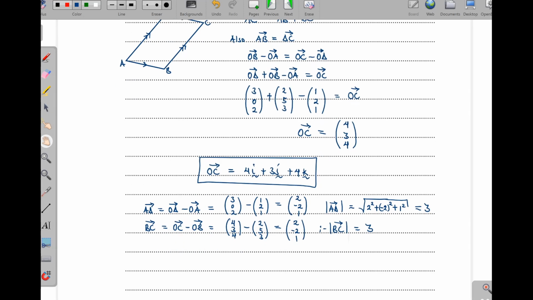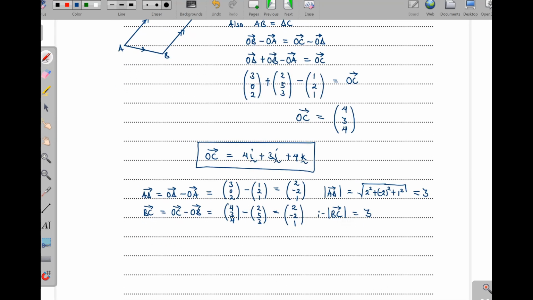Okay, now let's go to the other pair, that is AB. So which is OB minus OA. Now OB is 2, 5, 3, and then OA is 1, 2, 1. When we subtract these, we get 1, 3, 2.